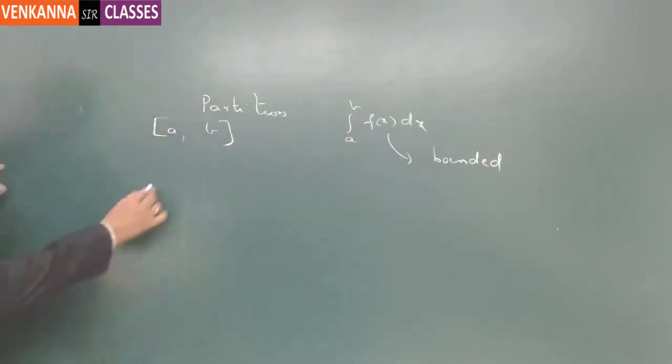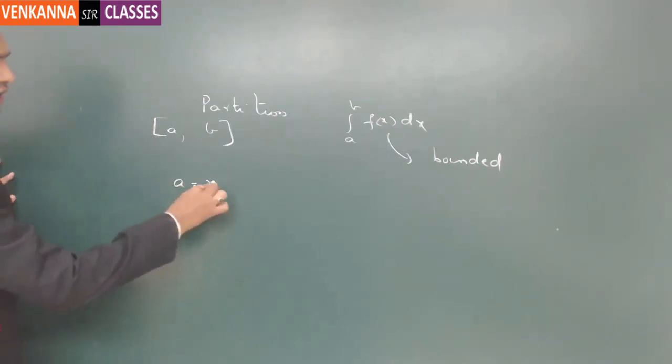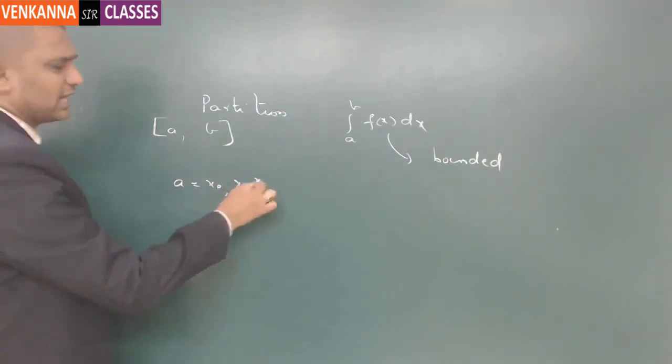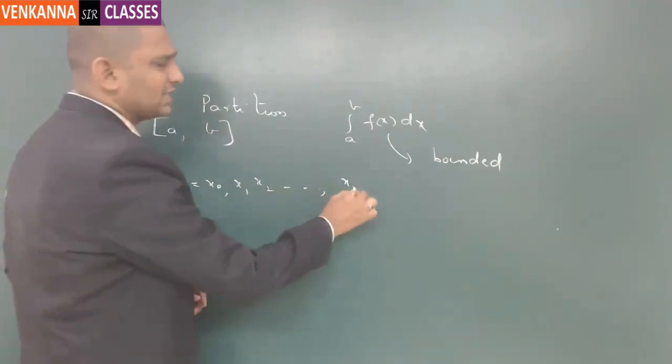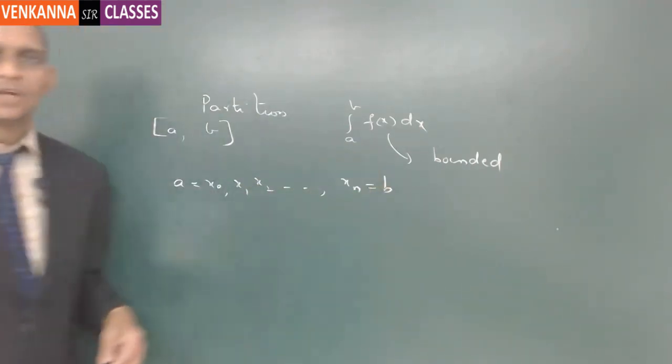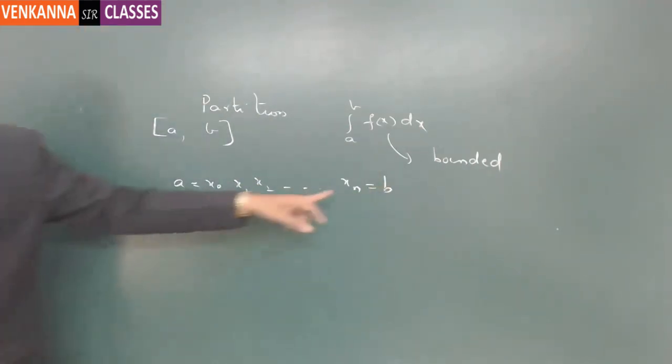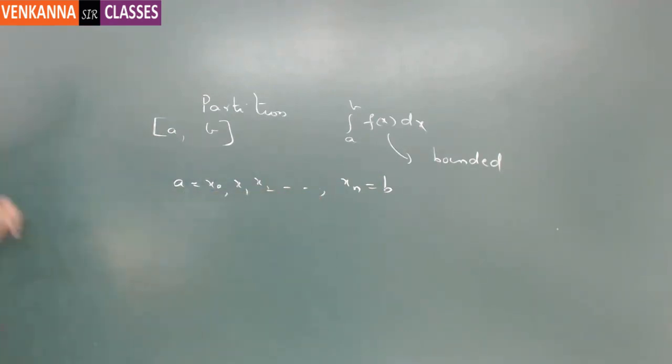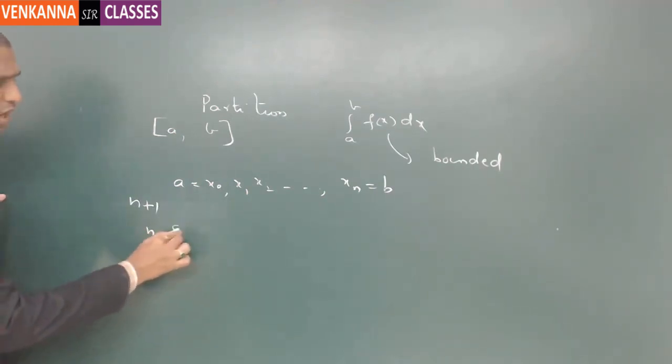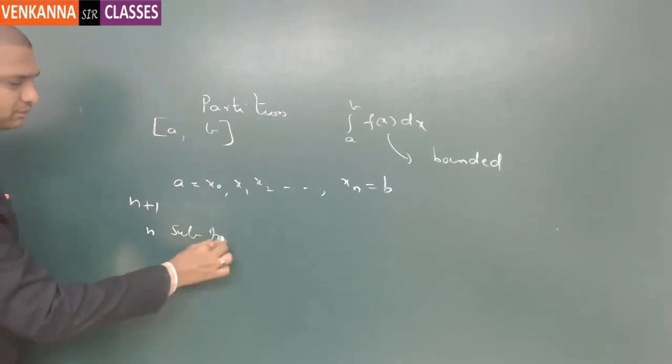Now we take a partition a = x0, x1, x2, and so on, xn = b. How many points have I taken here? I have taken n plus 1 points, so obviously I will get n small subintervals.